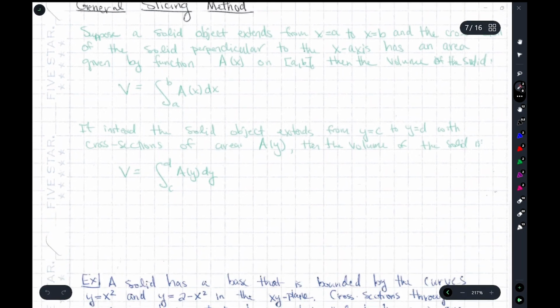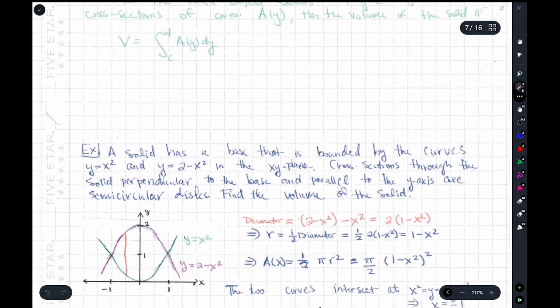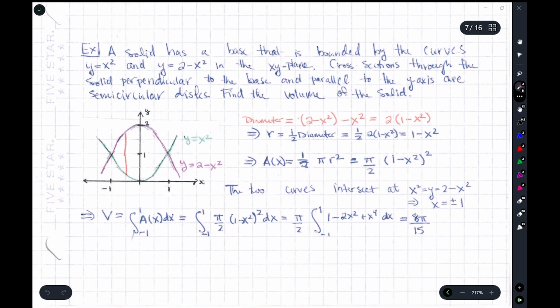The best way is to take a look at a concrete example, and we'll see how you can compute volumes using integrals of just one variable. So here we have a solid with a base that's bounded by the curves y equals x squared and y equals 2 minus x squared.